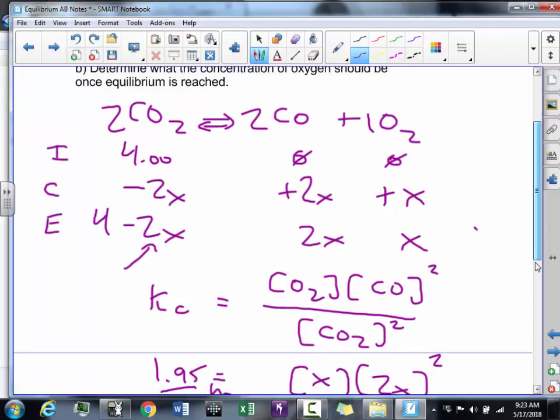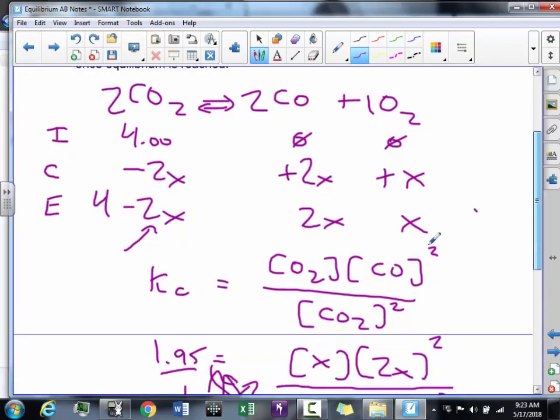So if I go back to my table, I now know what x is. This was 1.13, which means this would be double that, so 2.26. And then 4 minus 2 times 1.13 would give me 1.74 left.